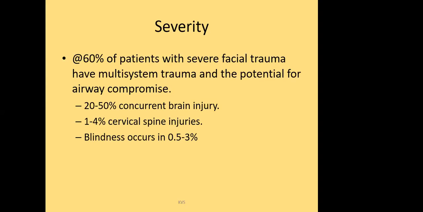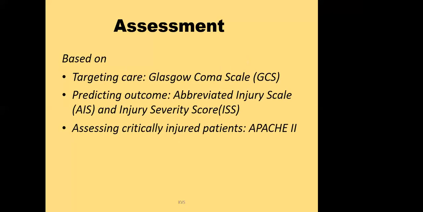So, assessment, of course, the usual things: looking at the Glasgow Coma Scale and the injury severity scores and so on. The Glasgow Coma Scale is the commonest thing you use.